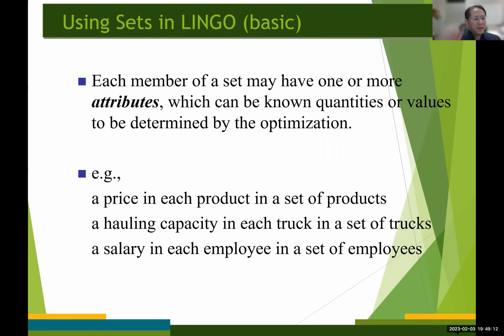So for example, I provide three different examples. First, each product in a set of products might have a price attribute. Each truck in a set of trucks might have a hauling capacity attribute. And each employee in a set of employees might have a salary attribute, and so on.